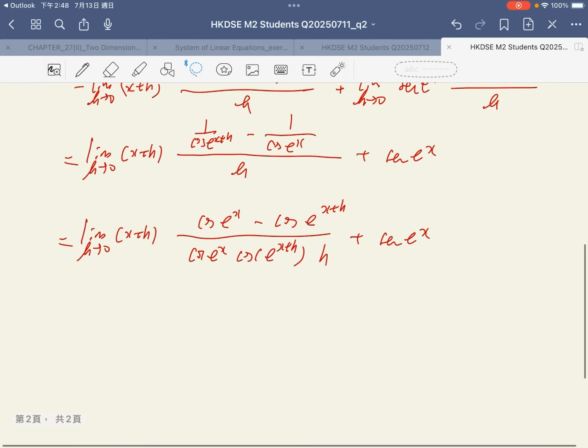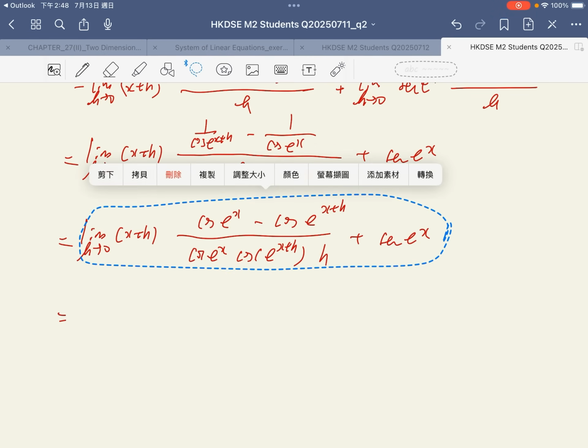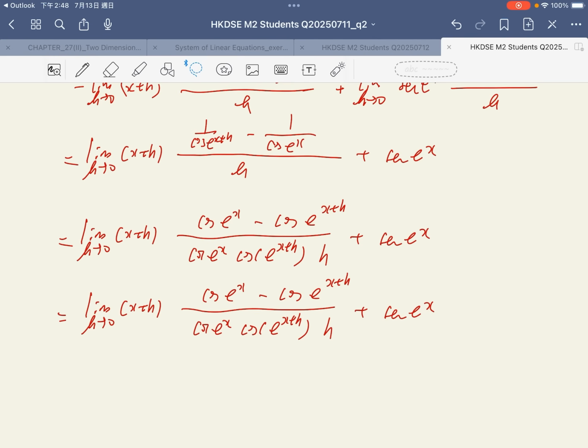And next step, move this to the right hand side. We have to use chain rule, but before chain rule, we have to use the sum to product.